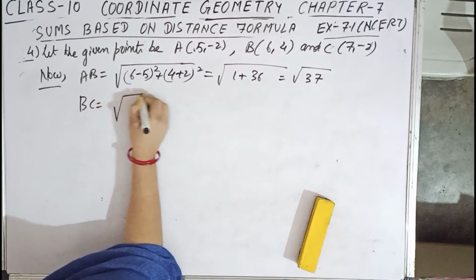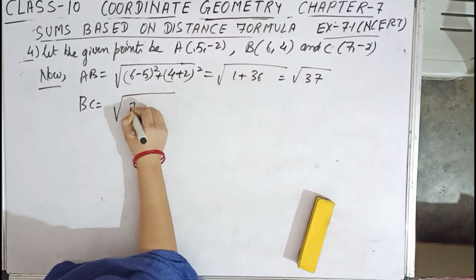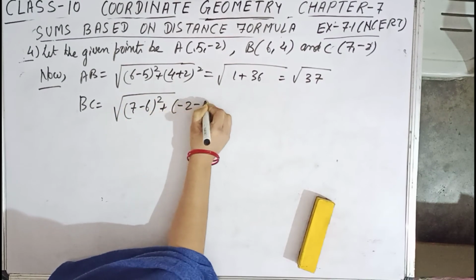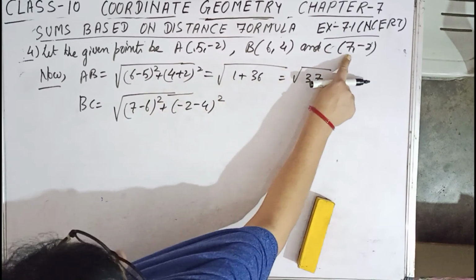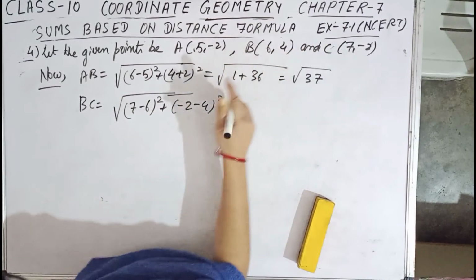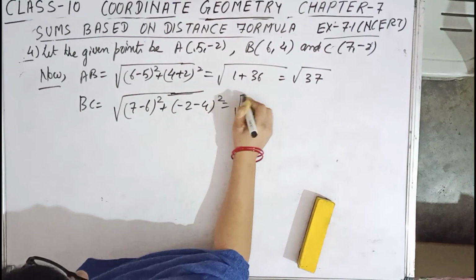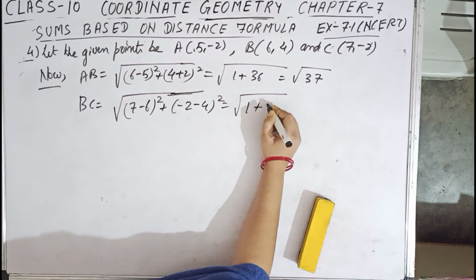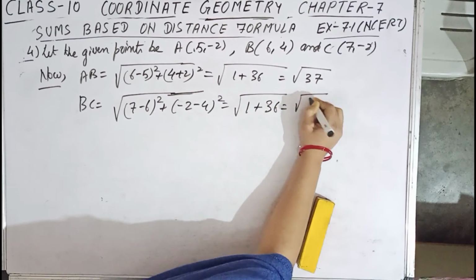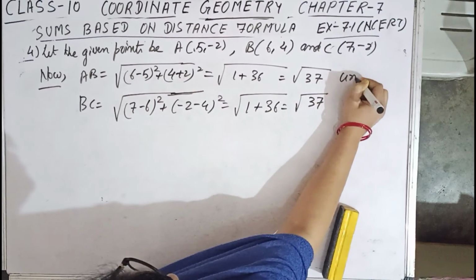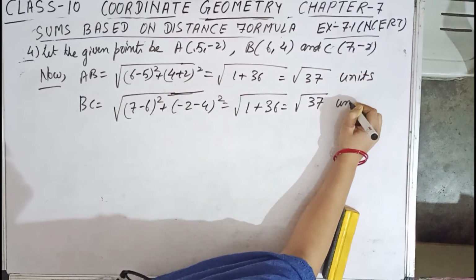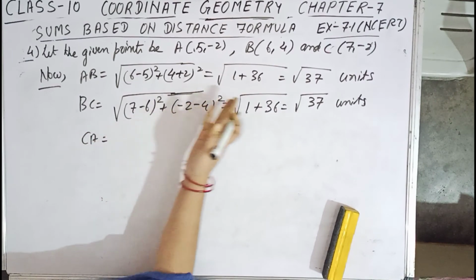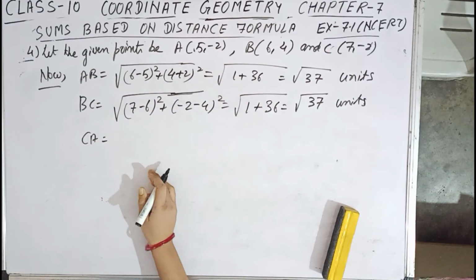BC is equals to under root of x2 minus of x1 whole square plus of y2 minus of y1 whole square. Take care, x2 minus x1, y2 minus y1 equals to under root of 1 plus of this one, same 36 equals to under root of 37 units, and CA is equals to, so obviously two sides are equal, so we can say that the triangle is isosceles.